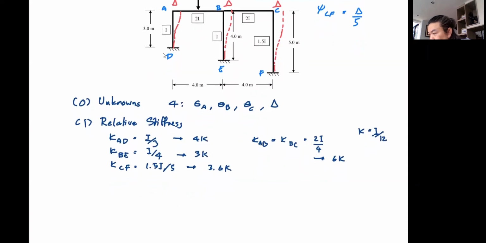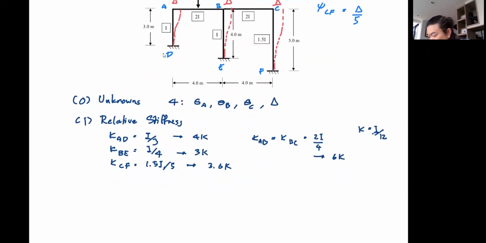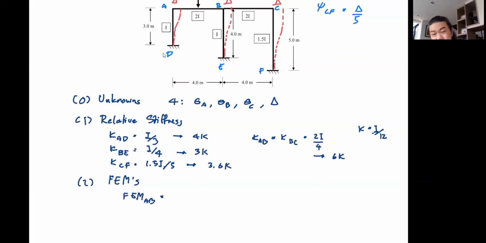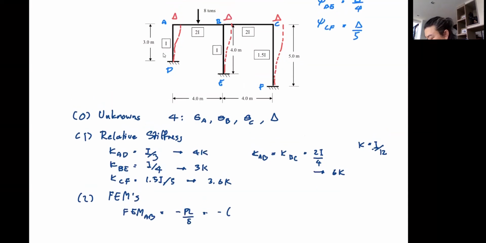That's the point. Okay, so here we need to calculate the fixed end moment because we have the load on the member. And FEMAB should be pretty automatic now: this is minus PL over 8. So it's minus, P is 8 tons, your length is 4, over 8.